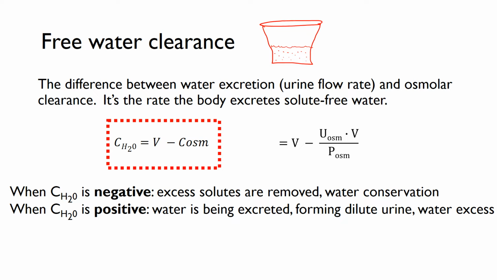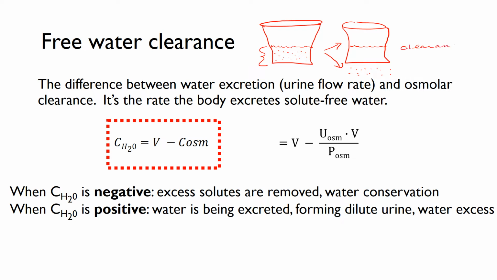Whenever we calculate clearance in general, we're calculating the clearance of either something or all of this. Free water clearance, the difference is you're going to calculate only the water. So if you were to separate this out into the content, you have water and then you have solutes. So you see how I've split these apart.